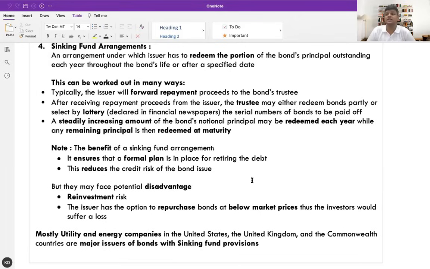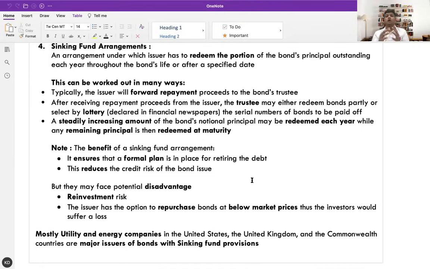They may not suddenly have $100 billion of cash flow. People are not going to consume so much power at the end of the 10th year. So the regulators force the company to keep a sinking fund provision. Let's say every year, this energy company will keep aside $5 to $10 billion.